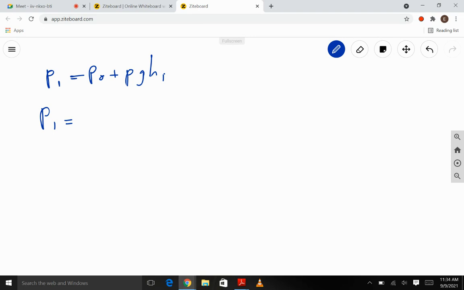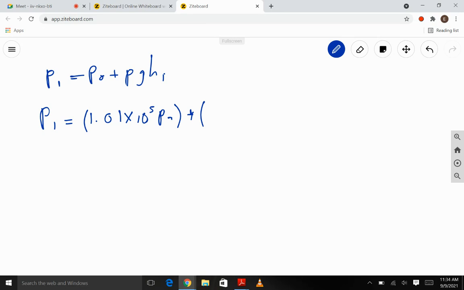And we know that atmospheric pressure is 1.01 times 10 to the power 5 pascals, isn't it? Then plus ρgh. For me, I just like calling it P so that I don't forget, but I know that it's actually density. I feel it's easier when I call it like that.